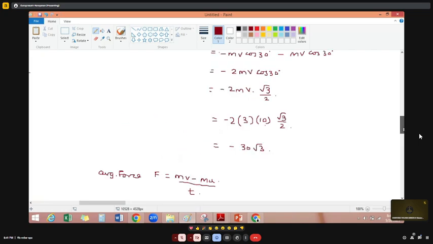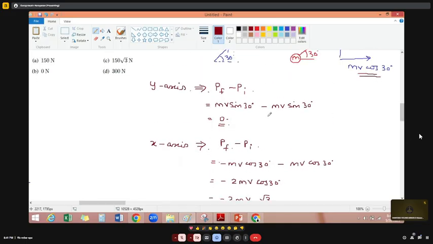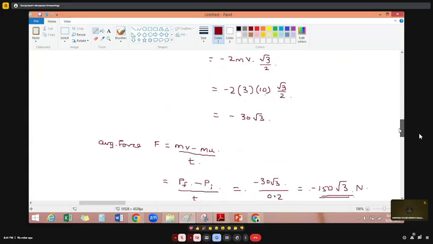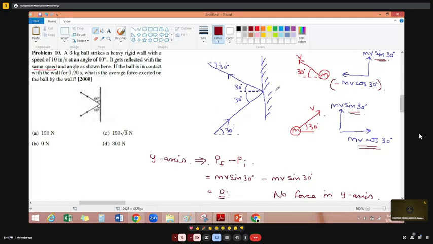Okay. And don't forget, there is no force in the y-axis. There is force only in the x-axis, meaning the wall is giving the force like this.